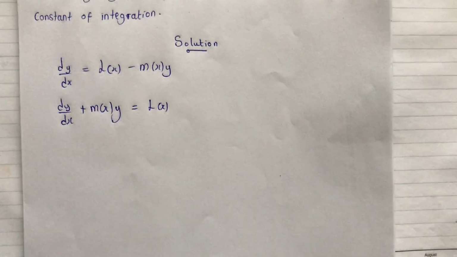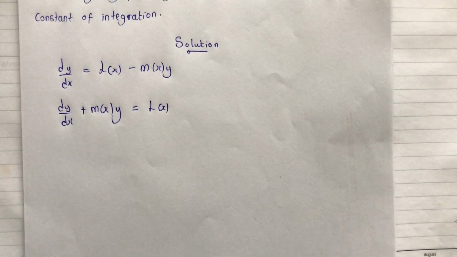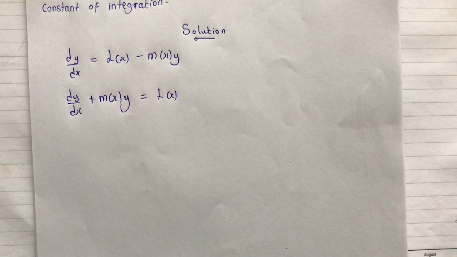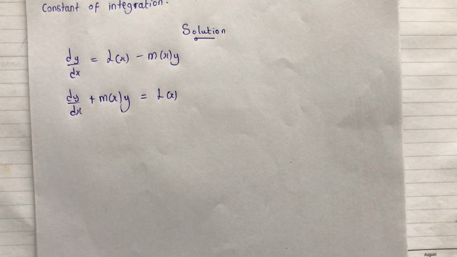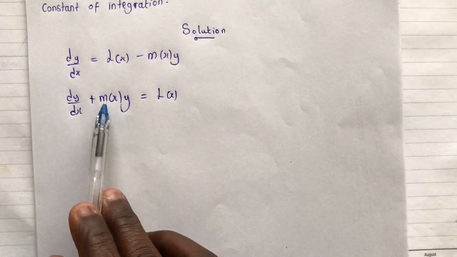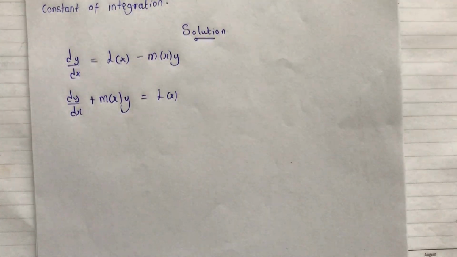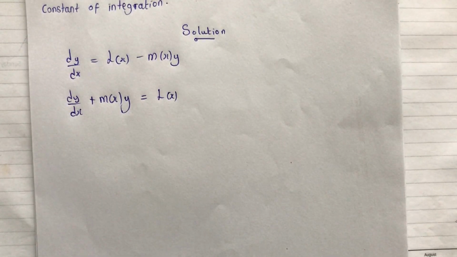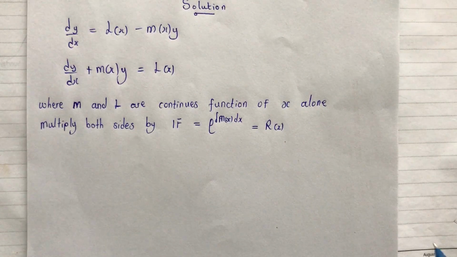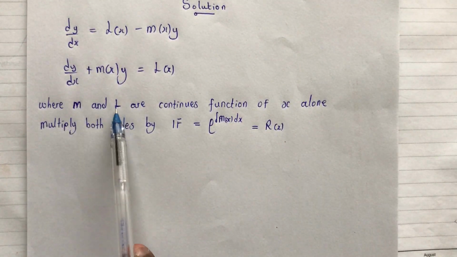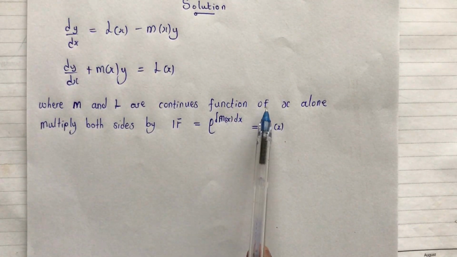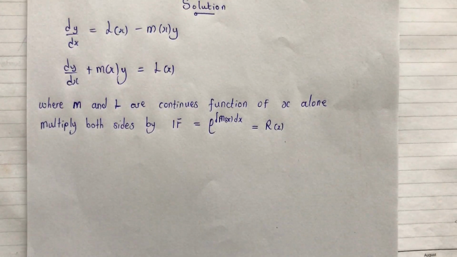So this is the original state of the question. It's supposed to be like this. And then the next step is to write a statement that m here and L here are two continuous functions of the variable x alone. M and L are continuous functions of x alone.